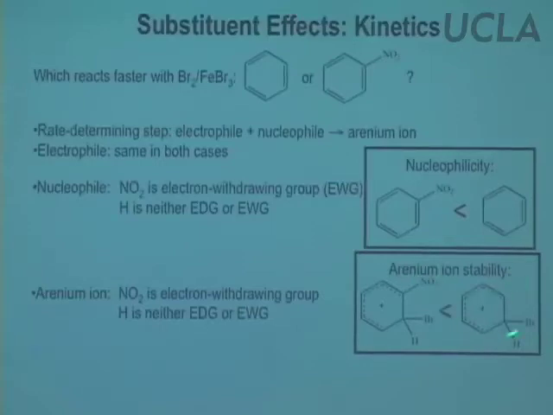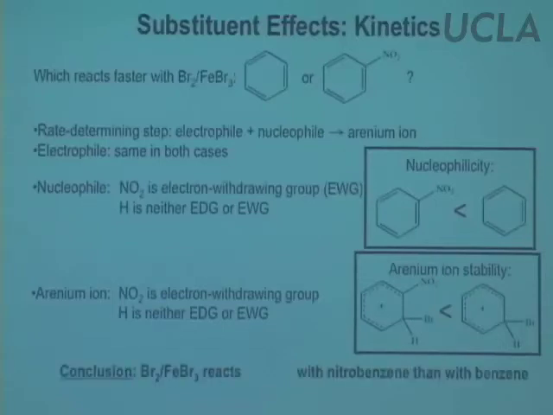And so the benzene-derived arenium ion is more stable than the nitrobenzene-derived arenium ion. This is good because these 2 effects are synergistic. The nitrobenzene not only is a poorer nucleophile because of the electron withdrawing effect of the nitro group, but also leads to a less stable arenium ion because of the electron withdrawing effect of the nitro group.